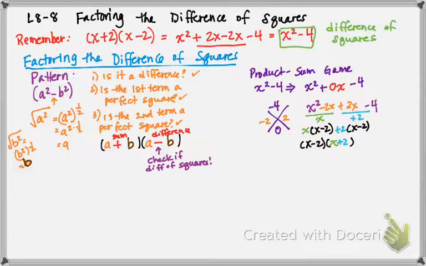And you're going to have the square root of the first term. So I'm going to write that here. And b is the square root of the second term.